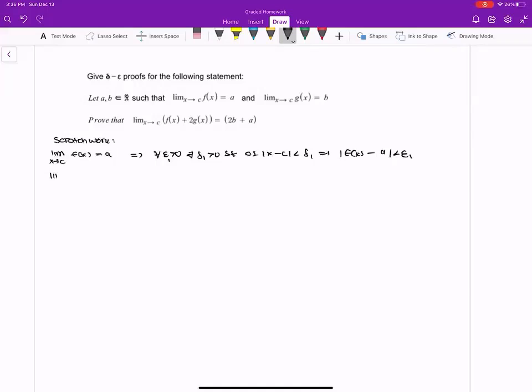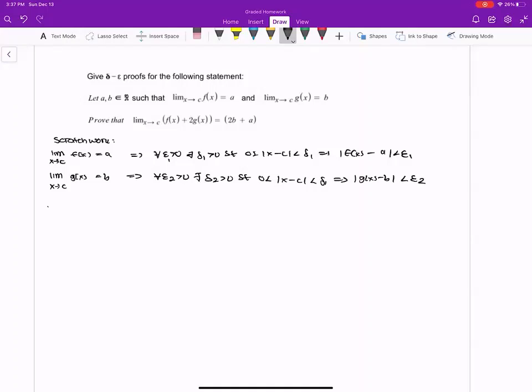You also know that limit of x approaches c of g of x equals b. Therefore, for all epsilon 2 greater than 0, there exists delta 2 greater than 0 such that x minus c less than delta 2 implies g of x subtract b is less than epsilon 2.